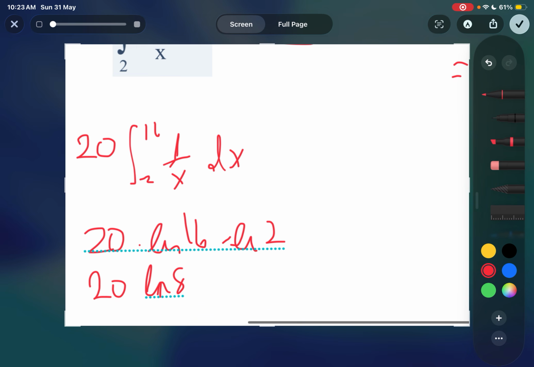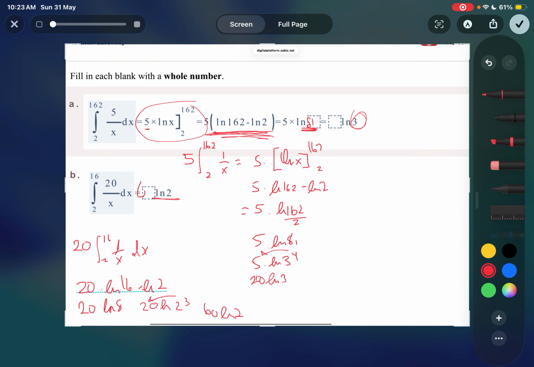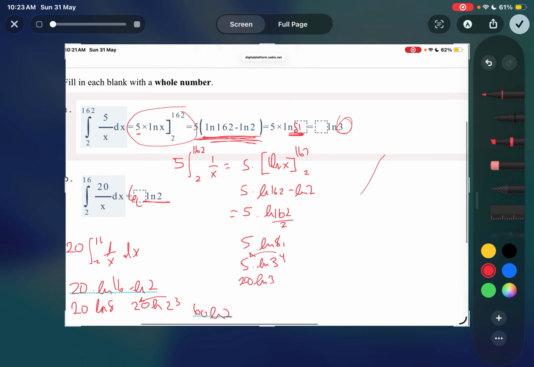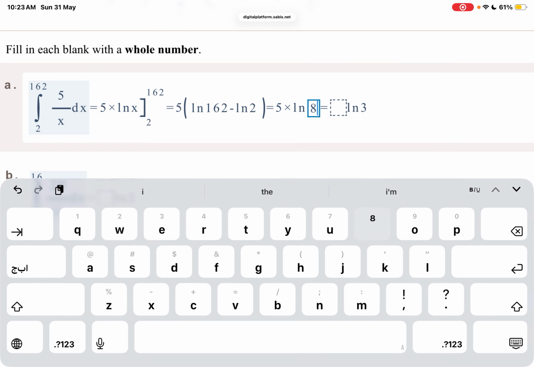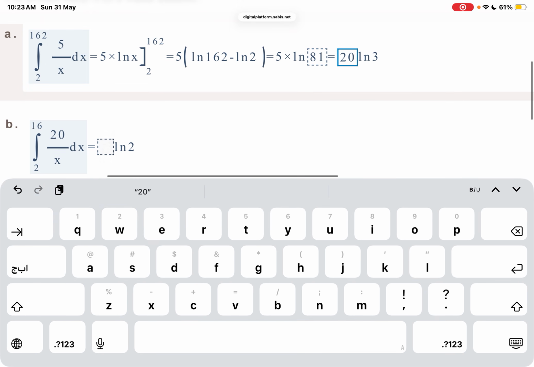So it will be 20 ln of 2 to the power of 3. You move the 3 there. 20 times 3 is 60. So 60 ln 2. Okay, so here's 60, 81 there, and 20. So this is 81, 20, and 60.